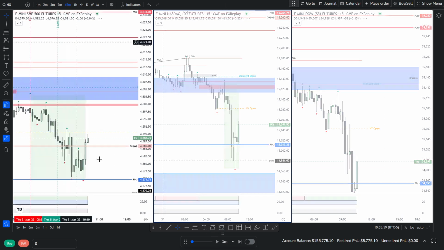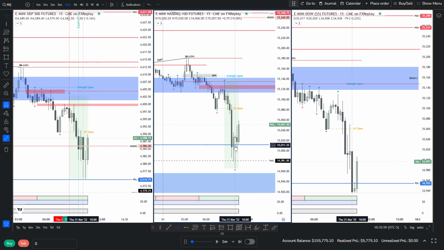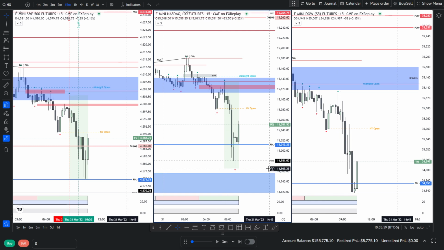Let's have a look. It's interesting. Now, why is that interesting? Because of this candle here. Let's see what we've got. 10 minutes for this candle close, so let's see what happens.